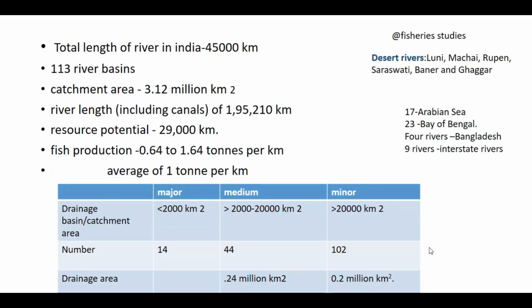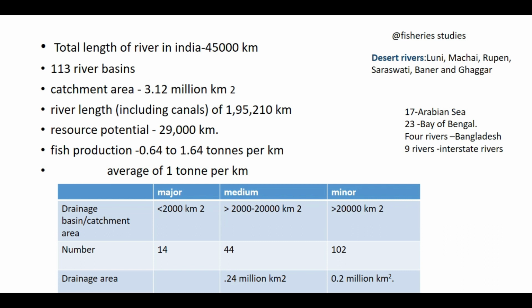Total length of rivers in India is 45,000 km. Around 113 river basins with a catchment area of totally 3.12 million km square. The rivers plus the canals have a length of 1,95,210 km. The fish production averages 1 ton per kilometer.